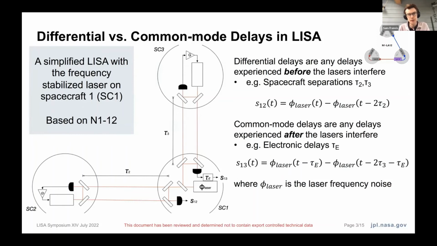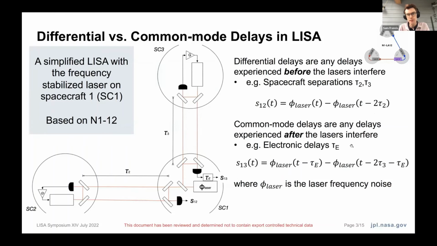This is because if we look at the measurement of the laser phase noise on spacecraft 1 in this S12 measurement, we see the same laser noise, phi laser. This is the laser noise of our stabilized laser. But one is the prompt signal and one has experienced a different delay. So that's why we're saying it's a differential delay.